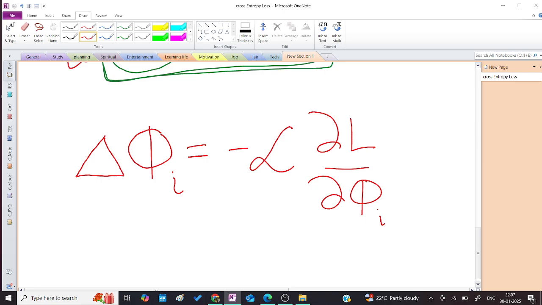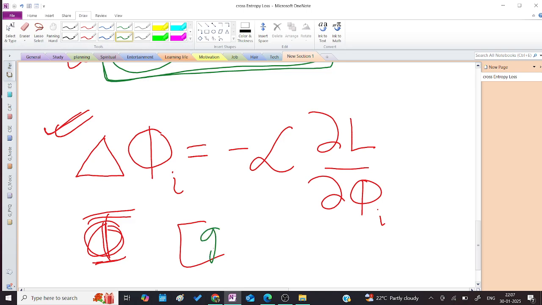So for updating parameters, you may remember that our parameter is capital Phi, right? For updating the parameter, we have some rules, right? And if we are using this rule, this is known as the gradient descent learning rule.